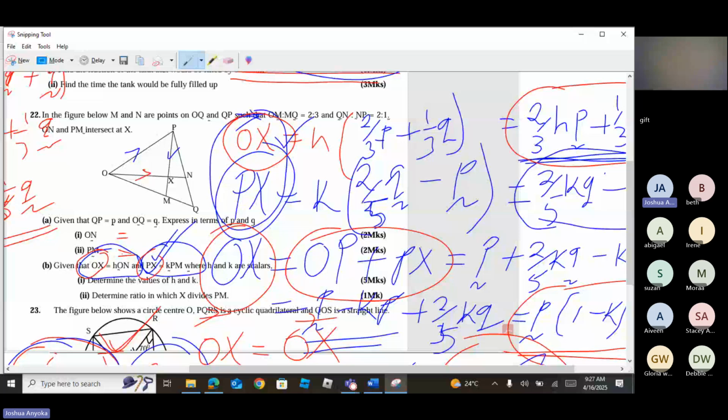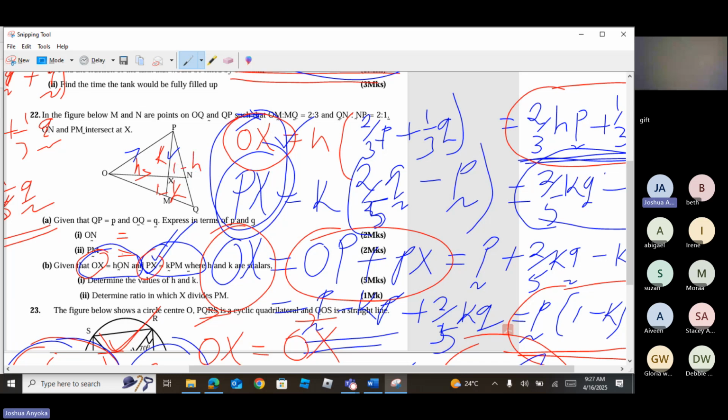Now our k was for PM, so k was here. What remains is 1 minus k. And h was on OX, then 1 minus h.